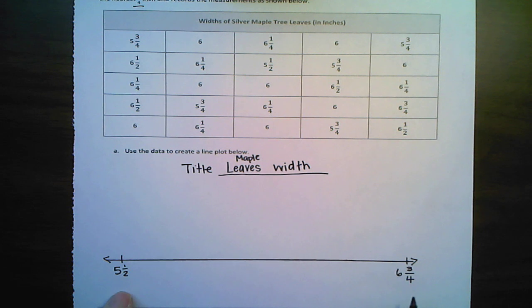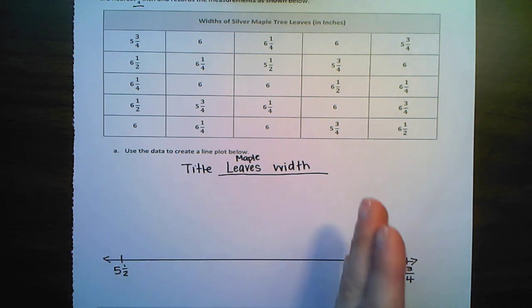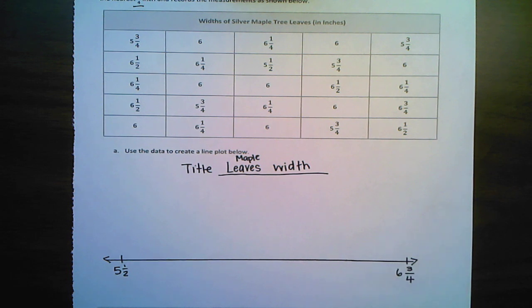Now, we're cutting these into fourths, right? So maybe we should have done this on a fourth. It's fine. So how many times do we need to partition? If you're doing this with a pencil, there's not as much risk. If you make a mistake, you're going to erase.